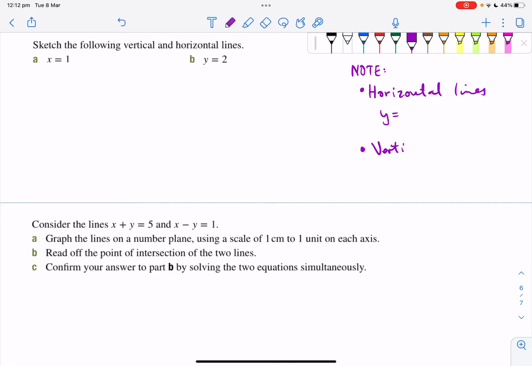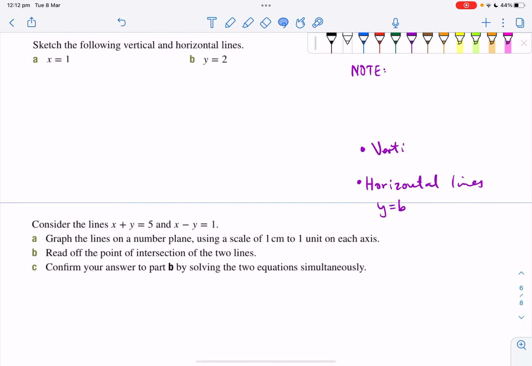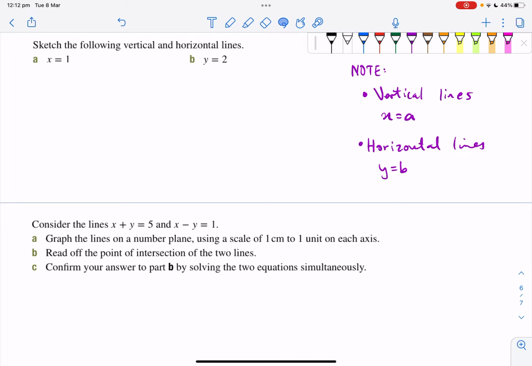Give me a second. I should do vertical first. Vertical lines are of the form x equals a, and horizontal lines are of the form y equals b. So you can tell this is a vertical line because it's x equals something. This is a horizontal line because it's y equals something.